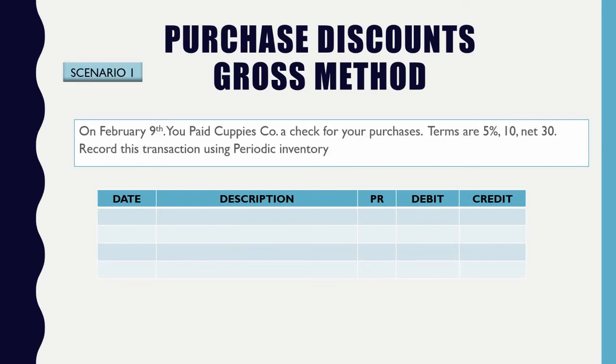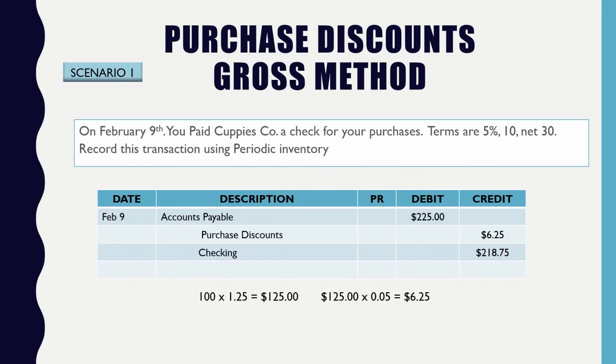February 9th, you paid Cuppies Co. and I checked for the purchases that you've made, and terms of 5%, 10, net 30 are met, meaning you were in the discount period. So what's going to happen is when you record this transaction, you're going to record your accounts payable, right?